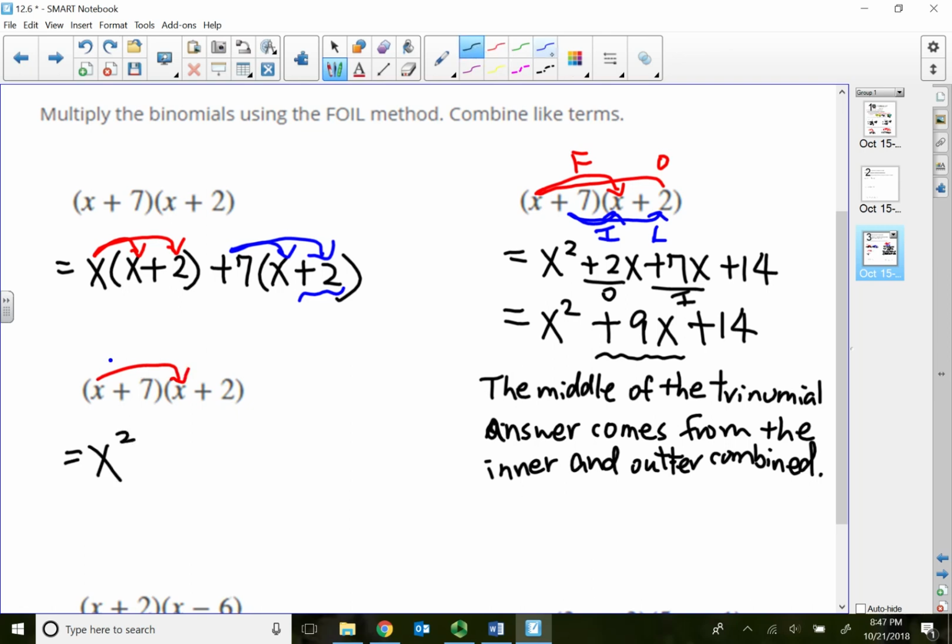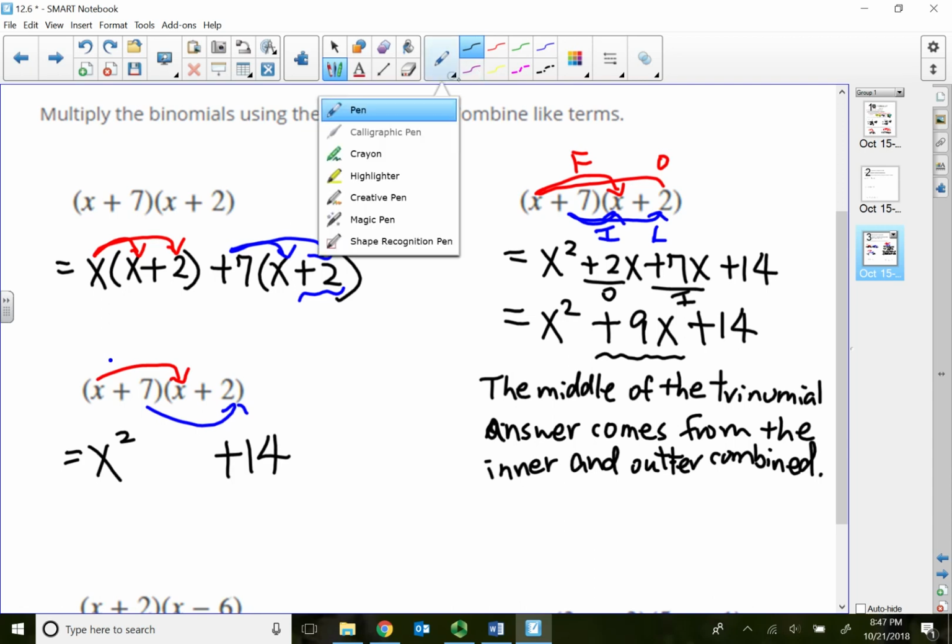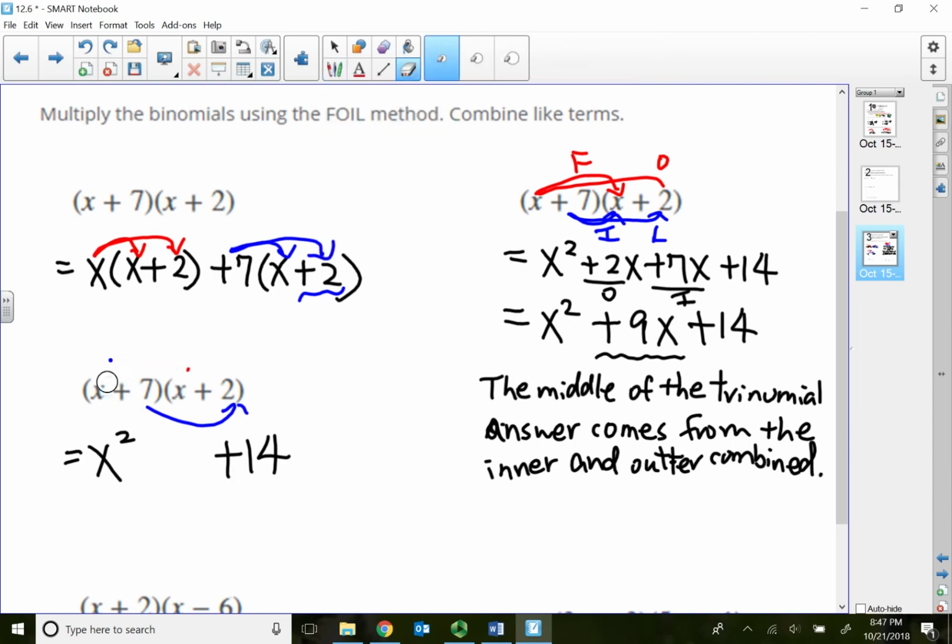And the last thing you do is 7 times positive 2, which is positive 14. So your middle term here has to be the inner and the outer combined.